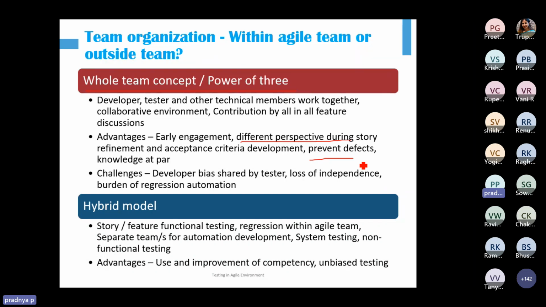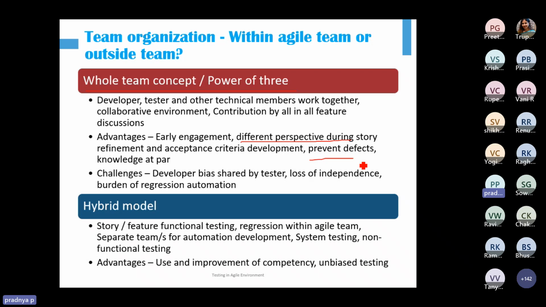We will start thinking like developers, right? A lot of regression automation burden will come on our head, and we will have to do a lot of activities as part of that team. So there are advantages that yes, we will be able to contribute, but at the same time, testing may take a sideline, with less importance given to testing. Such kinds of challenges can happen.